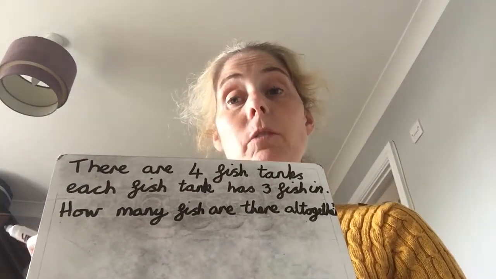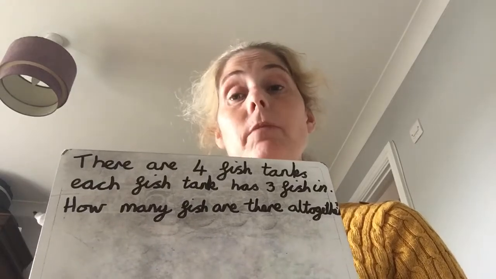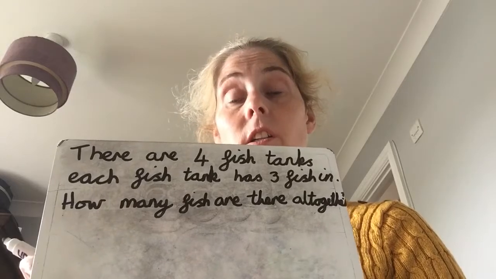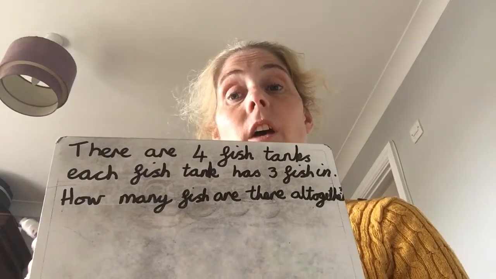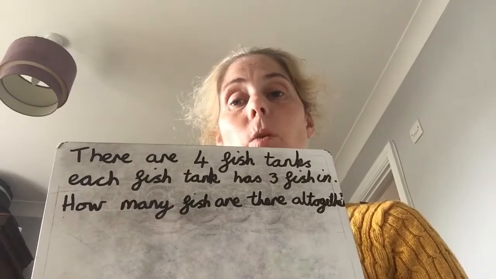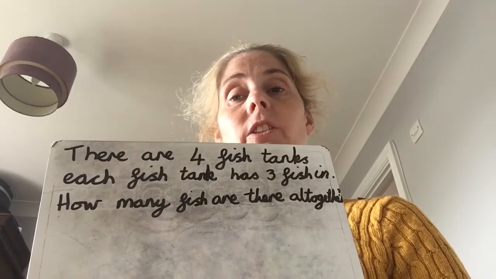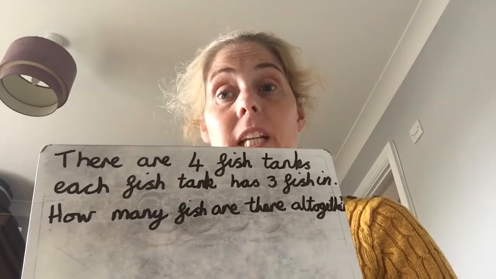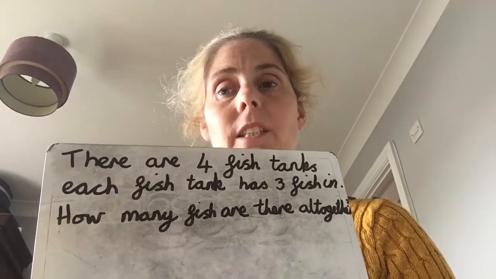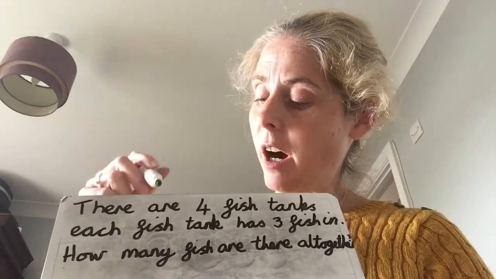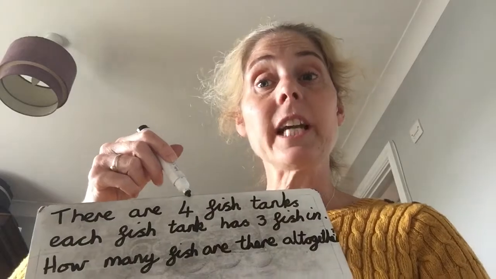Okay, then I will read it again, but as I'm reading, I will either underline or circle the bits that I might need to solve this word problem. Okay, so the important thing to remember is with word problems, it usually has numbers in it. Those you need. Okay, so if we read it again, there are 4. Oh, look, there's a number.